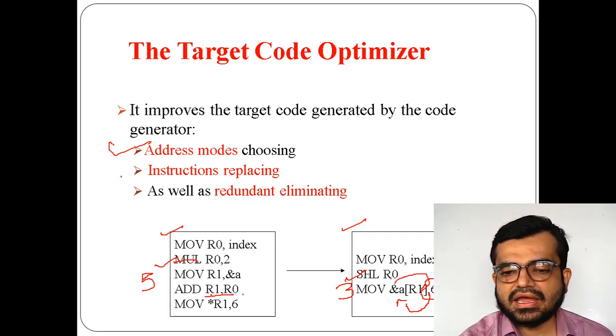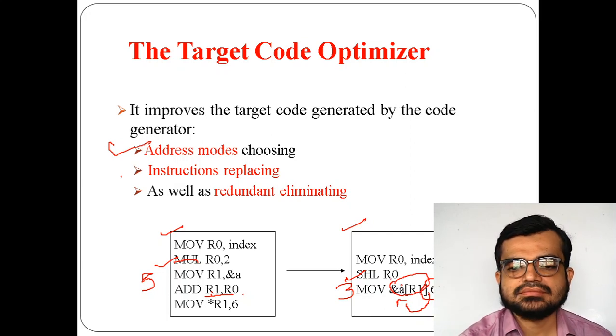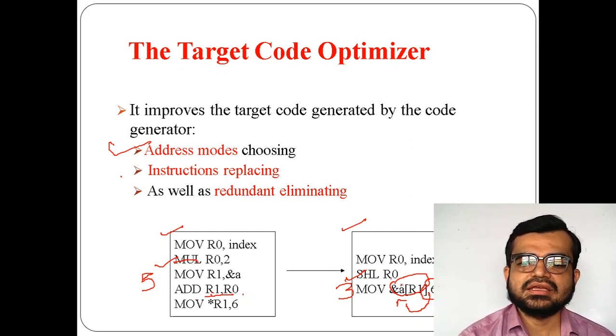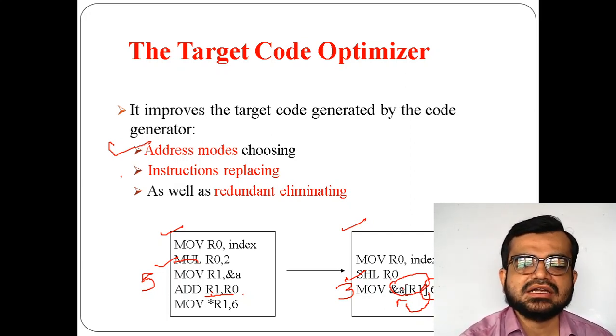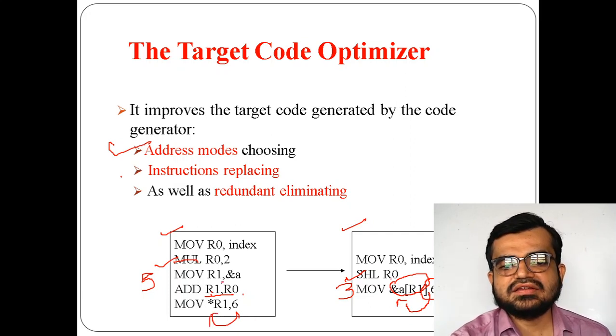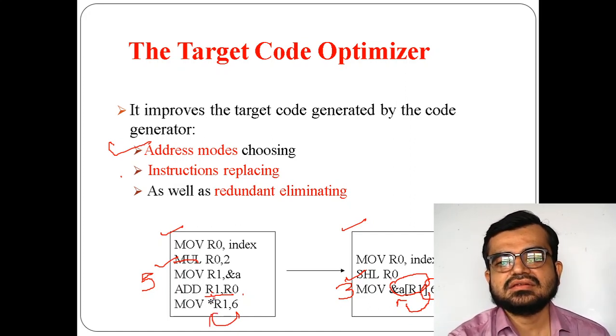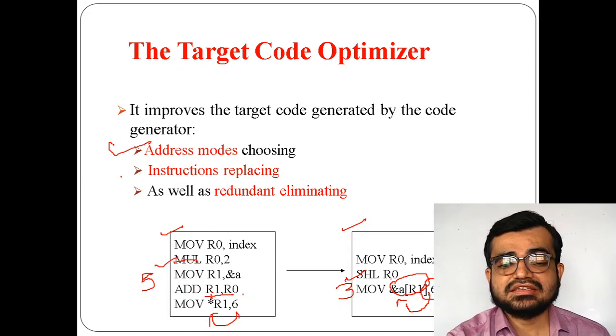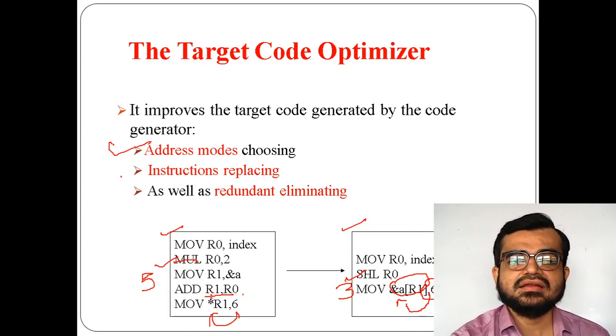So address of A of R1 will be performed here. So the value 6 is directly assigned, but earlier you were assigning 4 plus 2 and the result was assigned into indirect addressing mode R1. So redundancy decreases, or you can say simply it is eliminating the redundancy.